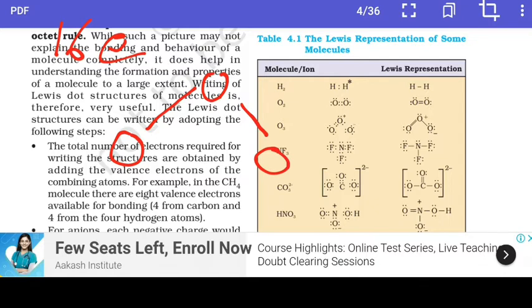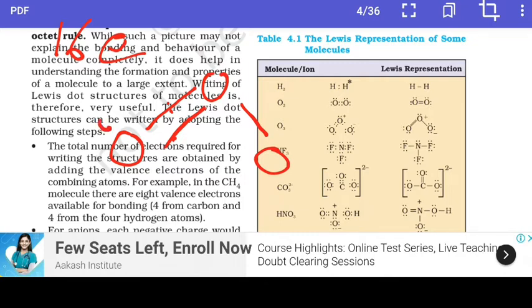Now 2 from here, 4 electrons are used. Make one double bond here, and calculate the number of electrons at each oxygen atom. Here, 2 electrons from this bond, 2 electrons from this bond, there are 4 electrons. Now it needs 4 electrons more to complete its octet.